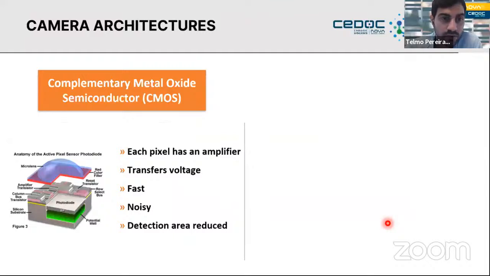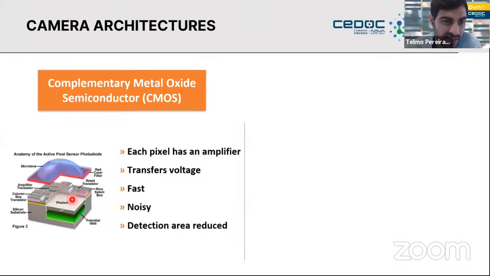There are two main architectures for cameras. One is the complementary metal oxide semiconductor, CMOS. In this case, each pixel of your camera has an integrated amplifier and integrated logic in that pixel. As you can see, if all this is a pixel, only this part here is the sensitive part, where the light will be detected.